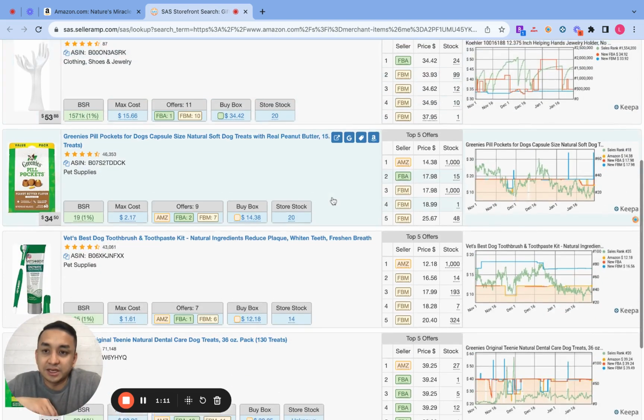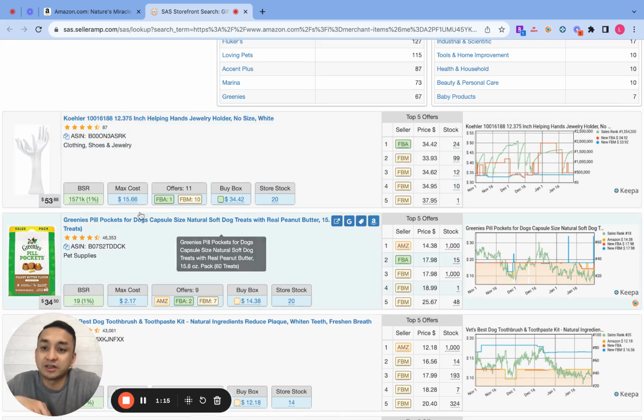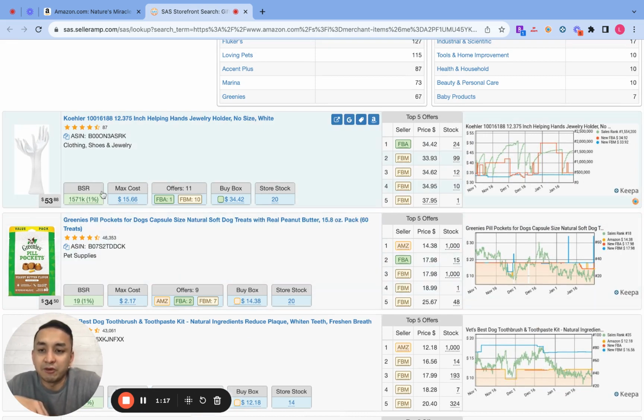With this strategy, I usually pick products that have at least a max cost of $10. That way it gives you enough margin, right? Or enough space for you to make some money when you arbitrage this on Amazon. So this one is a good candidate.